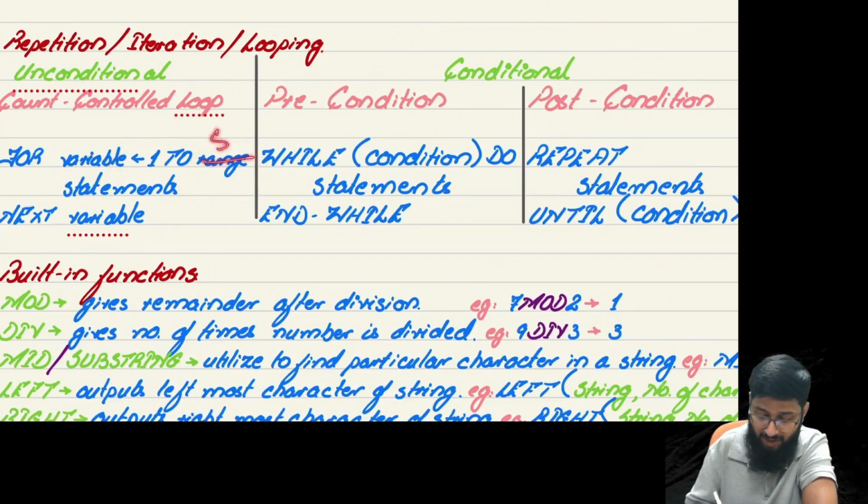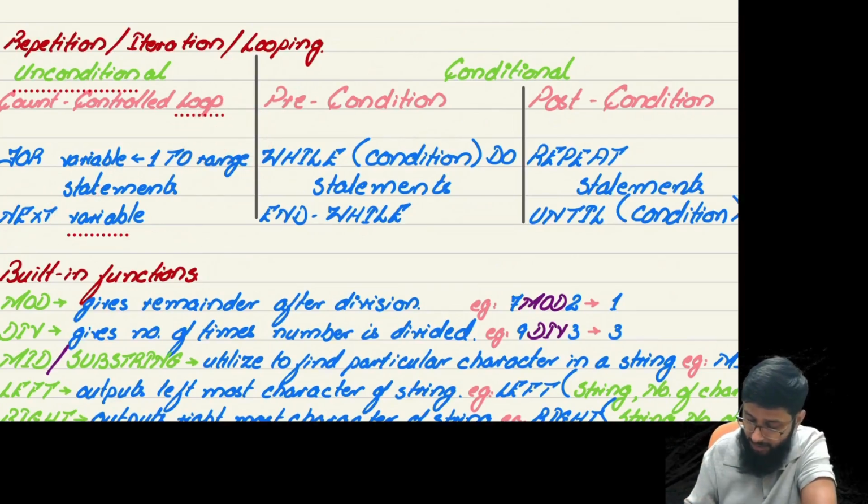For example, if the range was 5, every time the program comes here it increments the variable by 1, and it also checks whether it has been executed 5 times or not. As soon as it has executed 5 times, it comes out of the loop.